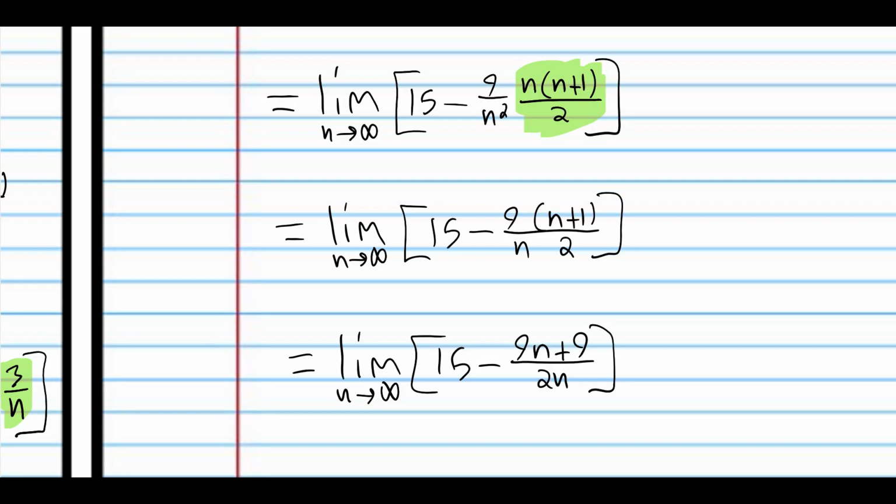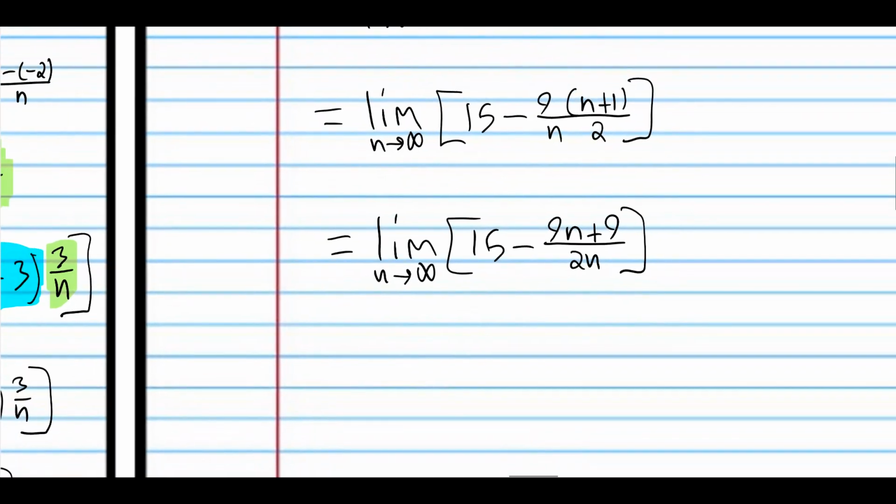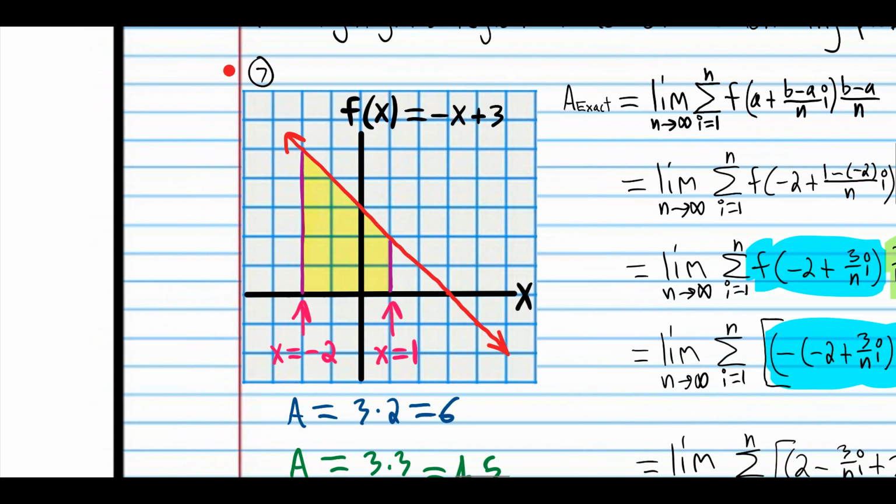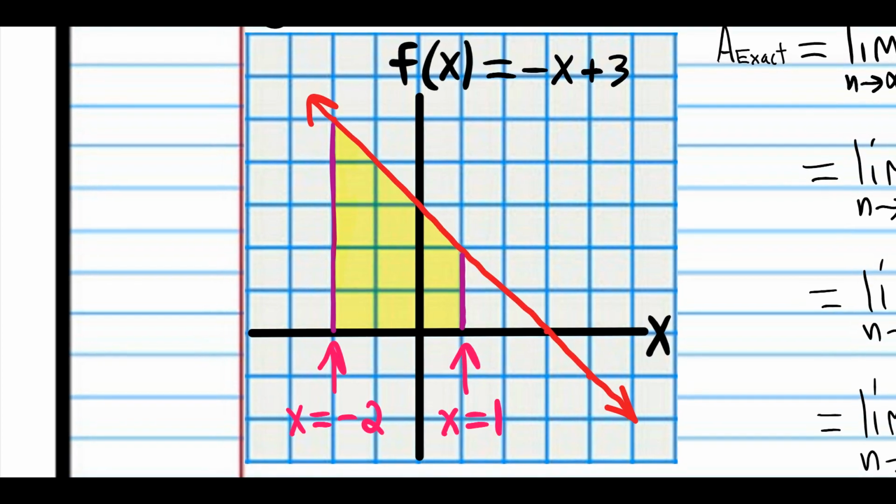All right. So now the hard part is over. This expression represents an estimate for the area under this curve using n rectangles. n might be a trillion, n might be 1,842.